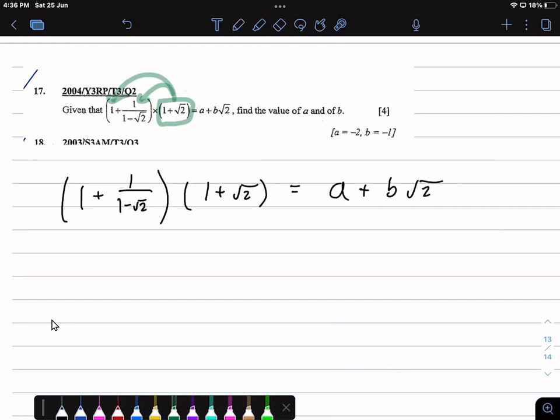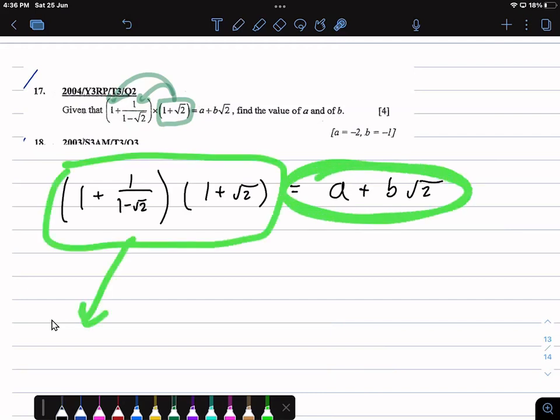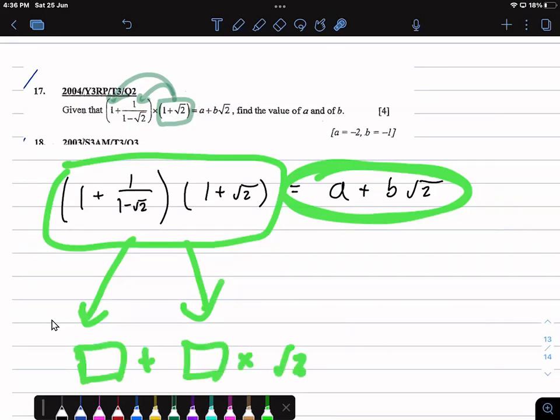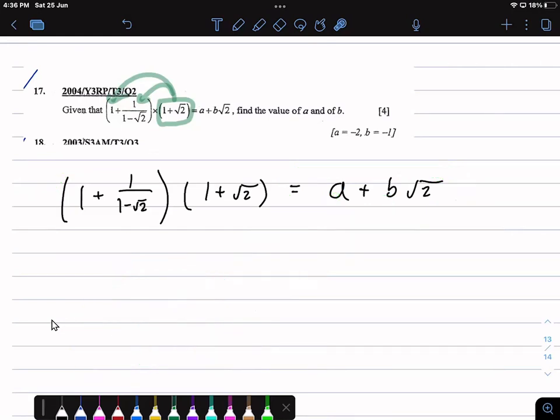The trick here is to leave the a plus b root 2 alone, and focus on the left-hand side first. Eventually, rewrite it as something plus something multiplied by square root 2. Then you can conclude what your a and your b are. So how do we do it? Let's see. 1 plus root 2 multiplied by 1 gives 1 plus root 2, plus 1 plus root 2 multiplied by 1 over 1 minus root 2.